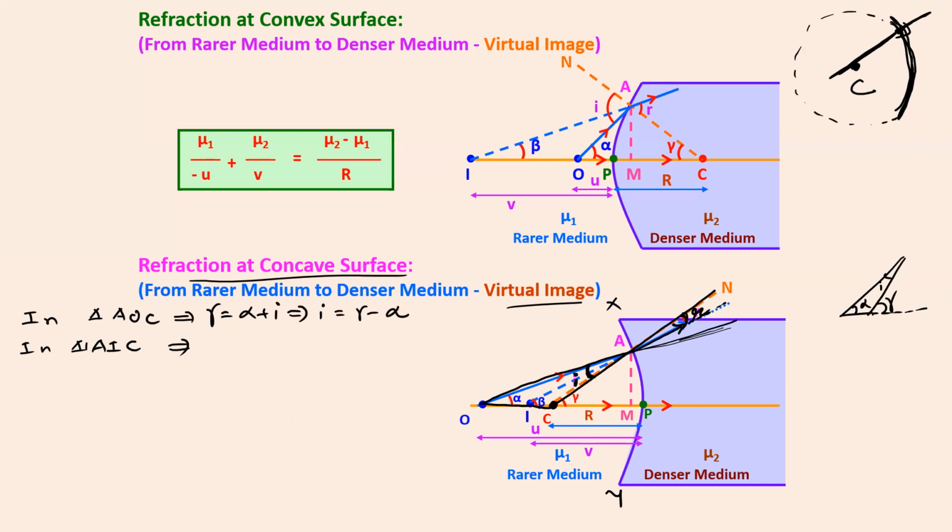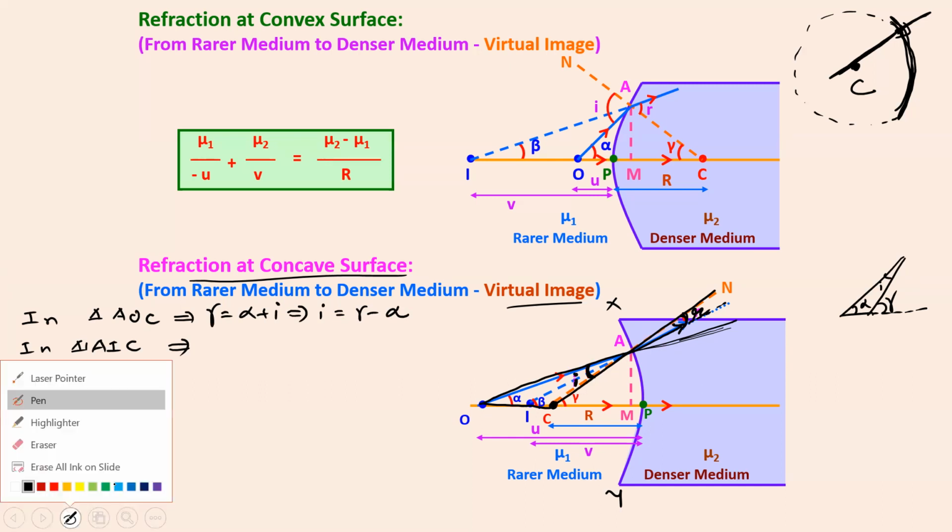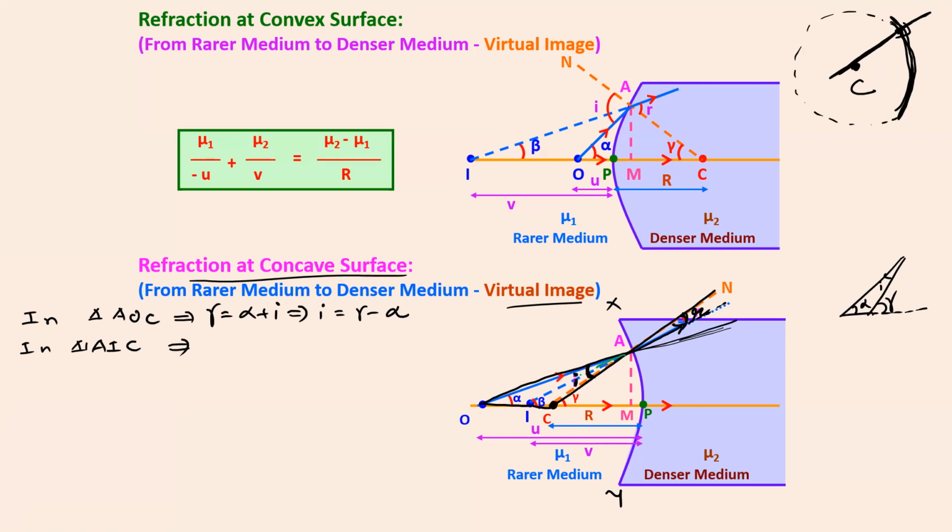Whenever you need to substitute sin I by sin R, you will put gamma minus alpha for I. R we will find now. In triangle AIC, I'll take another color, green. This angle is beta, and if you extend it, it is gamma. Which angle do we actually want?